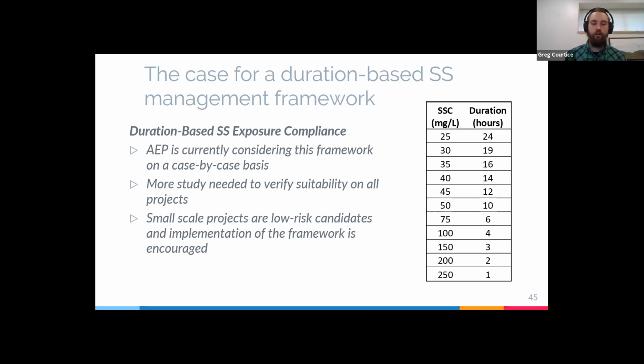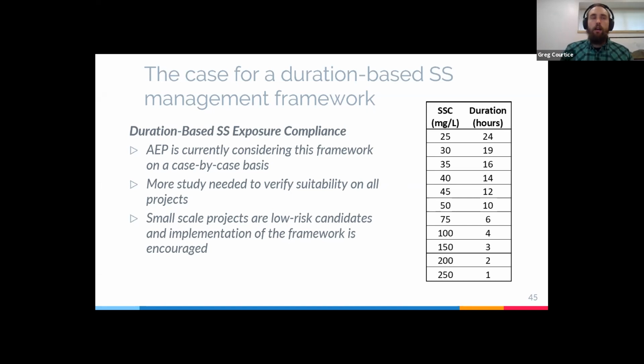It has the potential for certain projects that have high releases to be halted within an hour of starting construction, hypothetically, and then you might not be able to get enough production using this approach. So some of those high risk activities do require a lot more scrutiny before we can say, yes, this is a good approach for all projects.